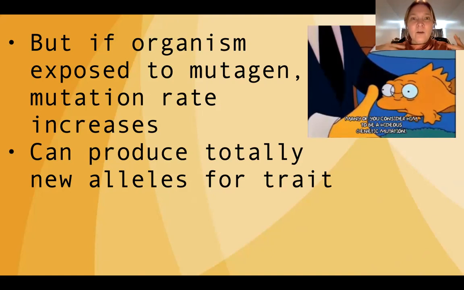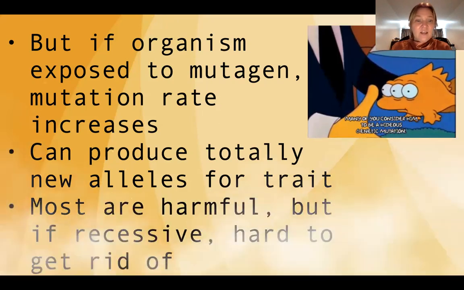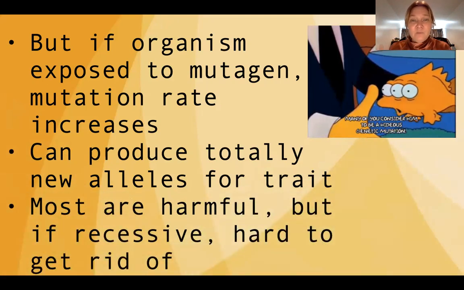So we're combining a lot of previously learned ideas when we look at this, because you have to remember transcription, translation. You also have to remember how things are passed from parents to offspring, and with the genetics that we studied in chapter 9 with dominant recessive. So most mutagens are harmful because change, as far as DNA is concerned, is not good.